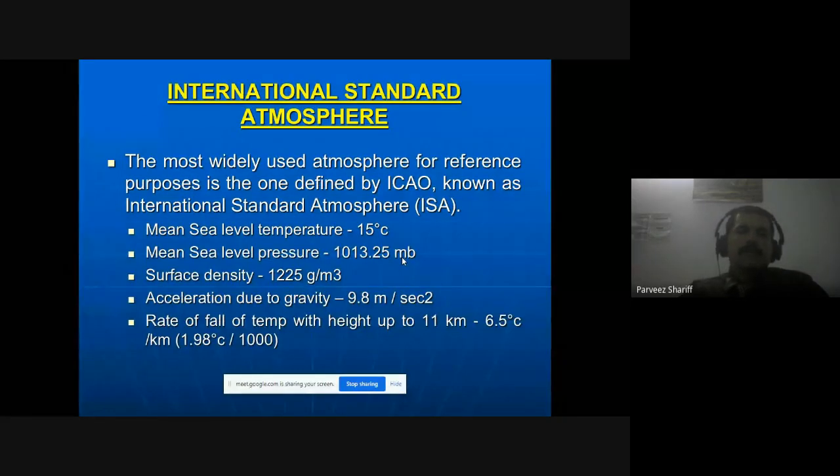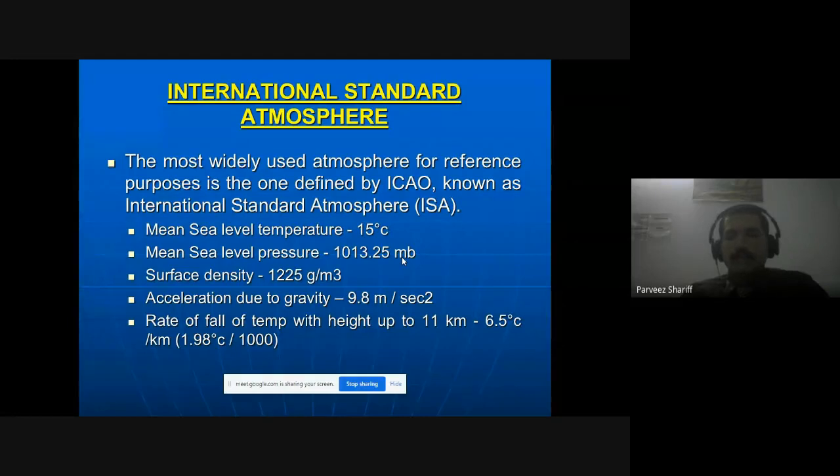As per the International Standard Atmosphere, this will come in your examination, so note down these points. As per ISA, the mean sea level temperature is 15 degrees, the mean sea level pressure is 1013.25 millibar, and the surface density is 1225 grams per meter cube.